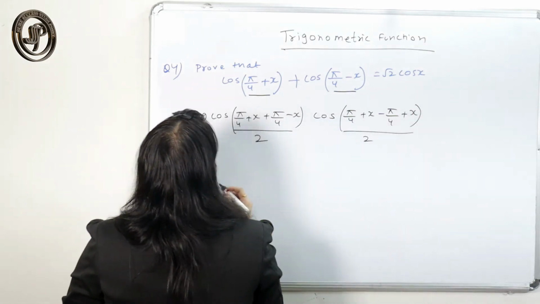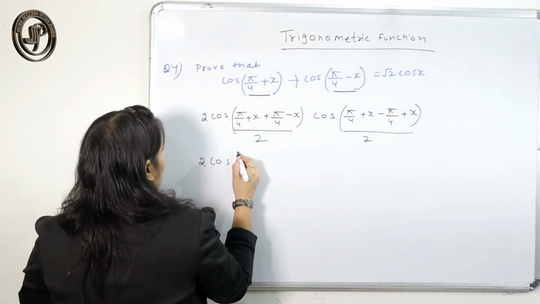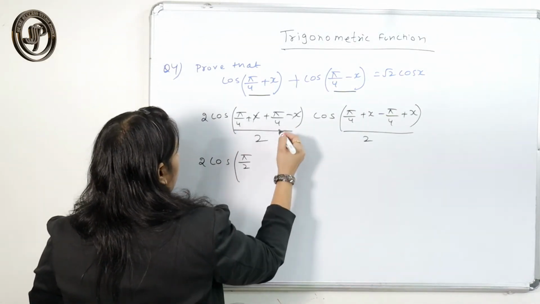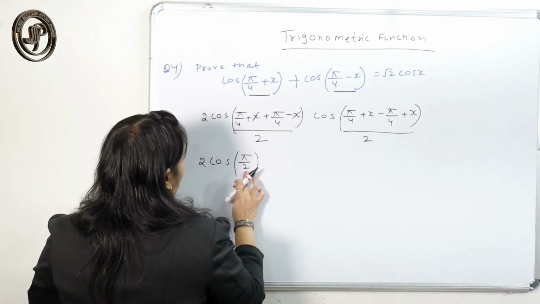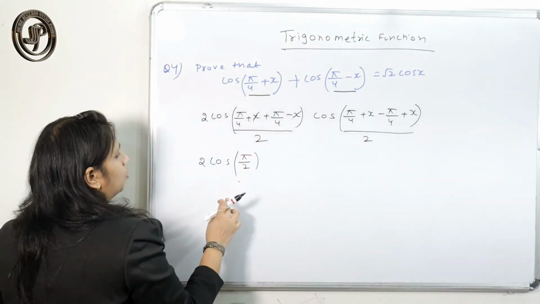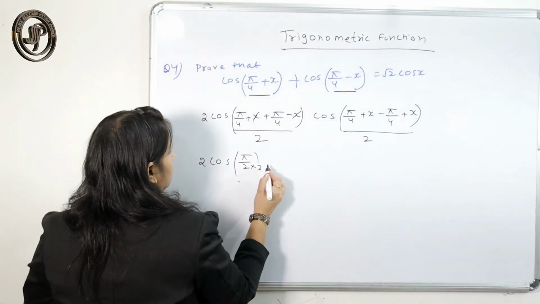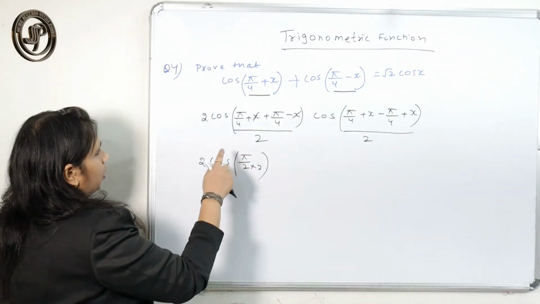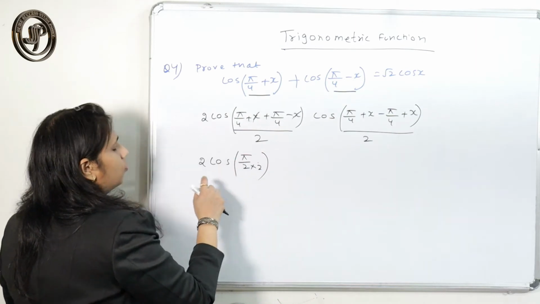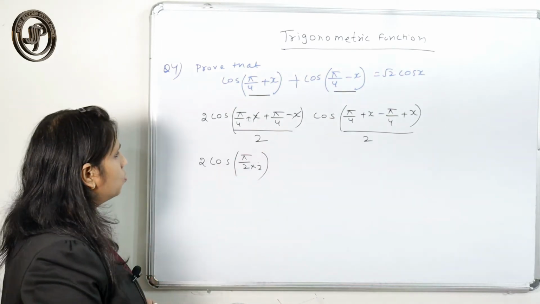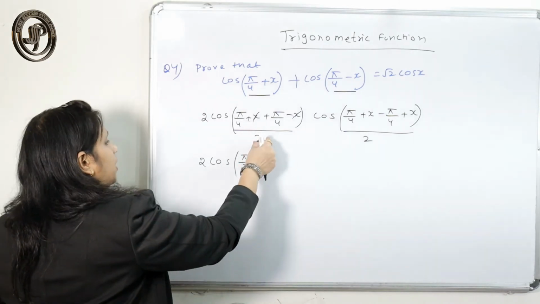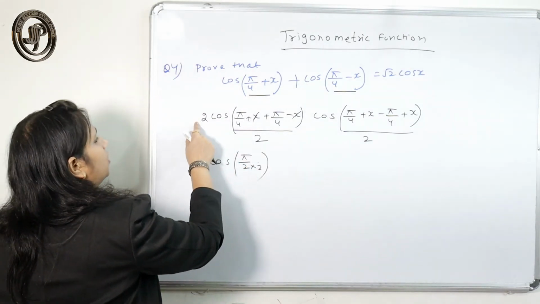So this is 2 cos(π/2), and here π/4 + π/4, if you just add, you get 2π/4, which is π/2.